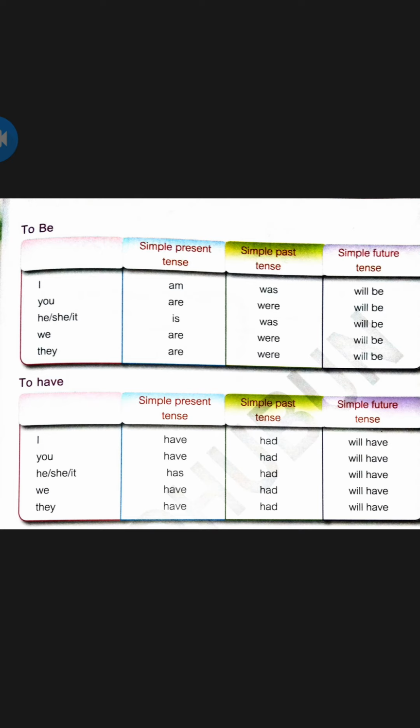With he, she, and it we will use has in simple present tense, had in simple past tense, and will have in simple future tense. With we will use have in simple present tense, had in simple past tense, and will have in simple future tense. With they we will use have in simple present tense, had in simple past tense, and will have in simple future tense. Clear now?